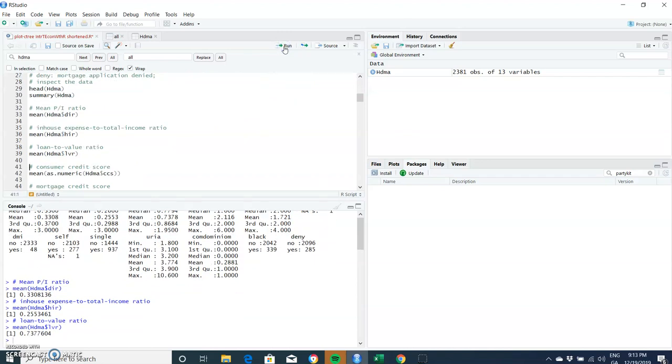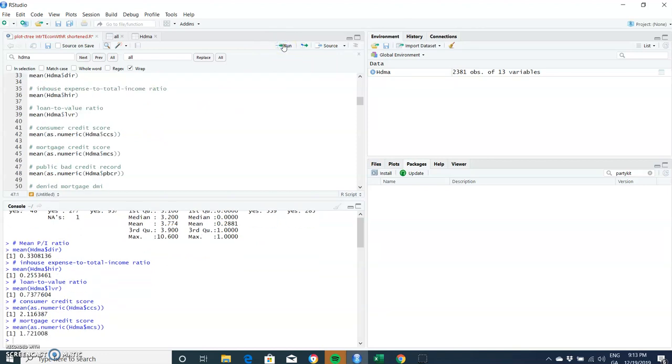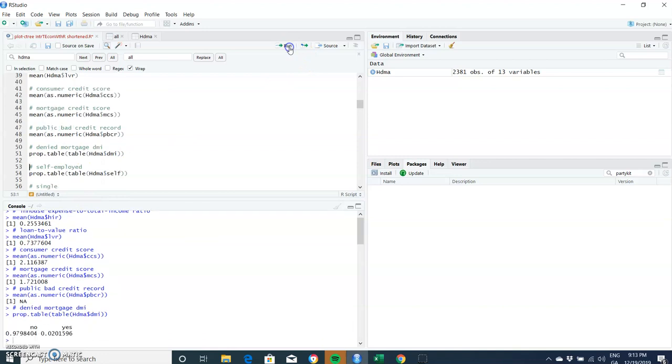The loan to value ratio, the average was 0.73. Again, intuitively that might make sense. The mean value for the credit score was 2.11. I think that goes from 1 to 6, and less is better.